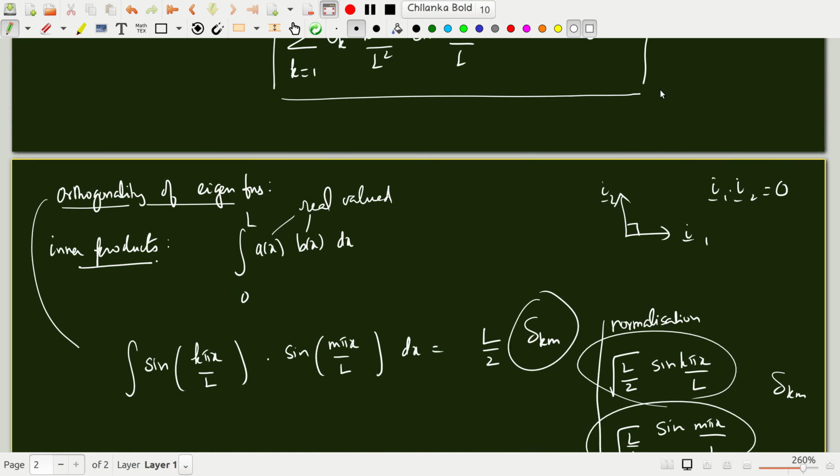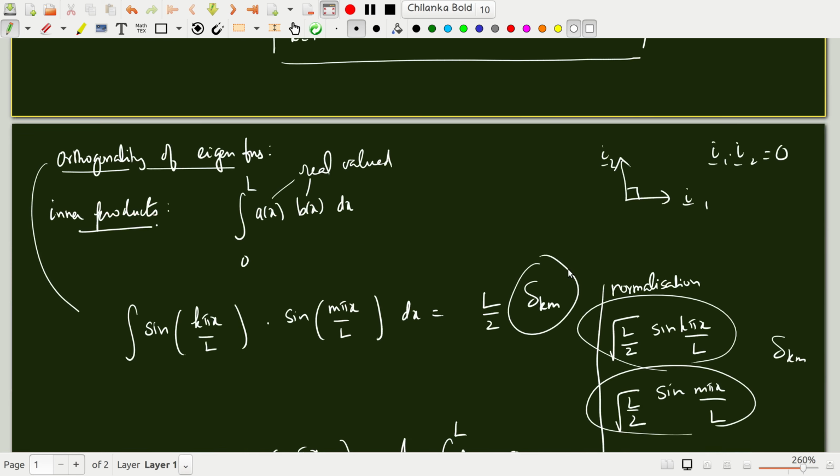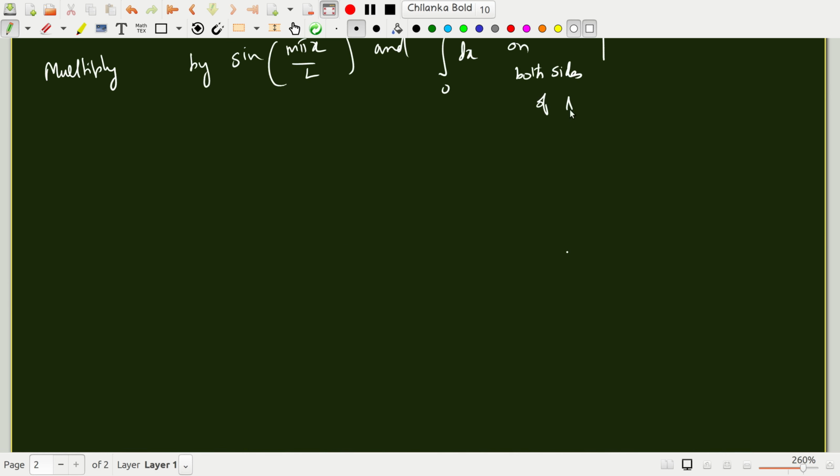Let's call this equation A. Now the moment you do that, you will realize that what you will get, and then you use orthogonality, is the summation over k of uk.